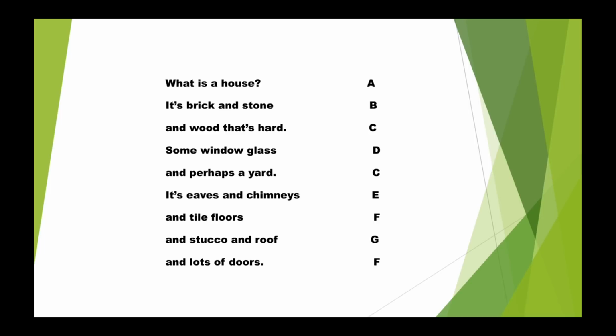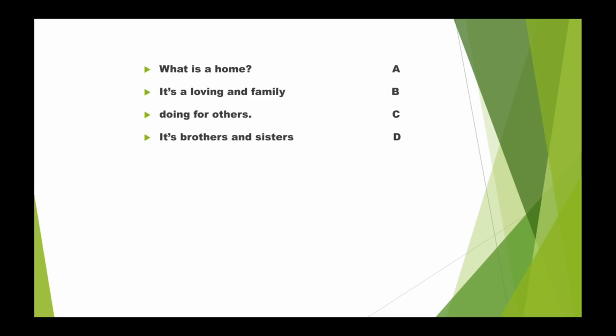Now let's see the second stanza. What is a home? Label it as A. It's loving and family. B. Doing for others. C. It's brothers and sisters. D. And fathers and mothers.